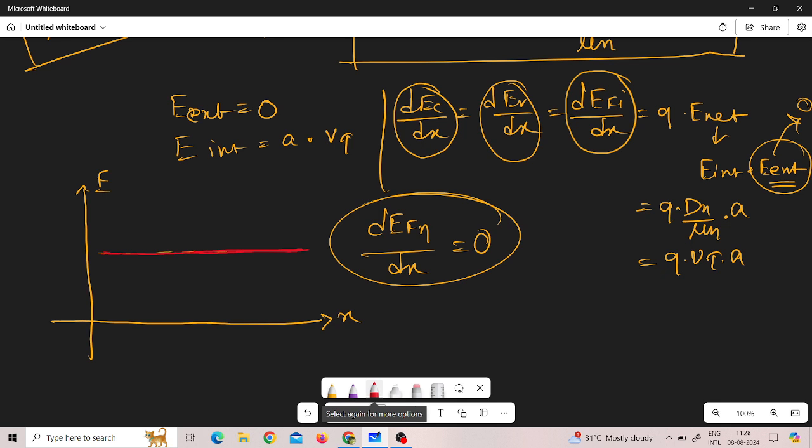With respect to this, we have to find all the Fermi levels.